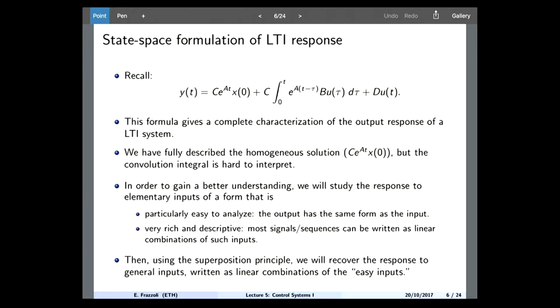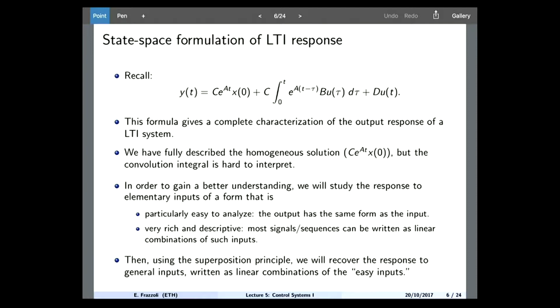okay? And the way we do it is, remember, in linear systems, the key characteristic of linear systems is the superposition principle. Is the fact that you can divide and conquer. So instead of looking at what is the response to any arbitrary input, what you will try to do is decompose this input into smaller elementary components, such that it is easy for you to understand what is the response to each one of those components, okay?